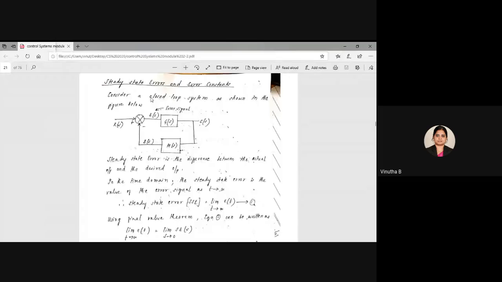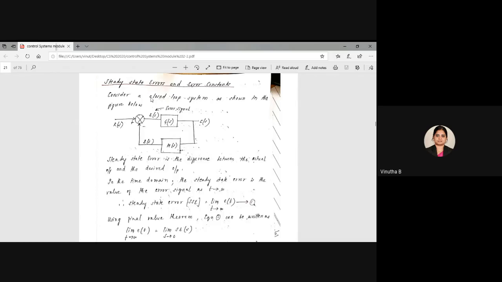Steady state error is the value of the error signal when t tends to infinity. The steady state error is the measure of system accuracy. This also we have discussed earlier. These errors arise from the nature of inputs and the type of system, as we have discussed just now, what is type 0, type 1, type 2. So these errors arise from what? From the nature of inputs.